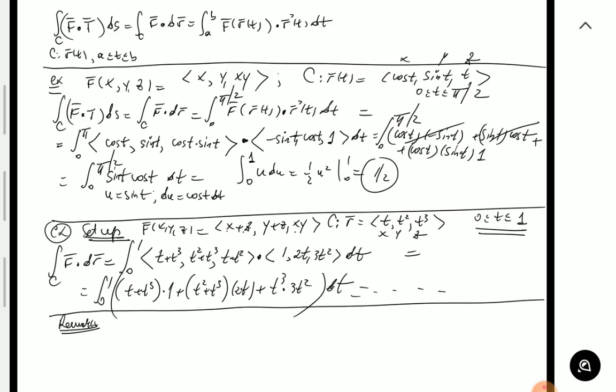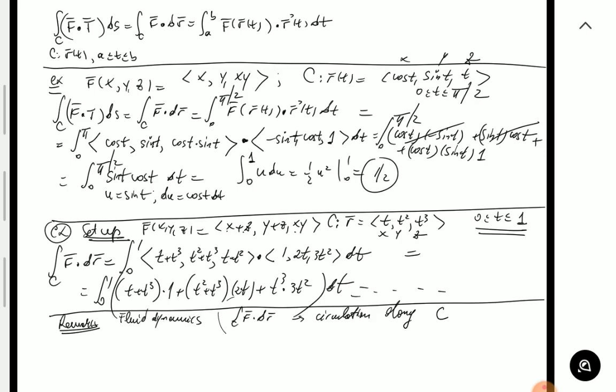Another interpretation, for example in fluid dynamics, is that a line integral over a vector field represents the circulation along this path C. If you imagine that F denotes, for example, a velocity field of a fluid in space, then this integral measures how much of that fluid flows along the curve. The actual sign of the integral can also be inferred from whether it's along the motion or against the motion.